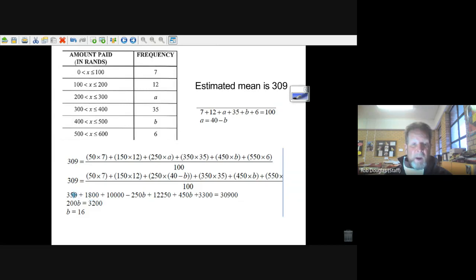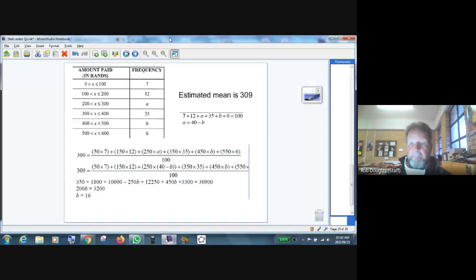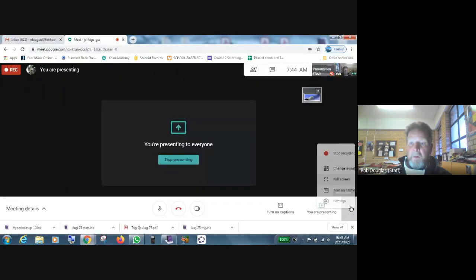And if we add all these numbers and subtract it from 100 times 309, you get 3,200. You divide by 200, and there we have it. We have B equals 16, and A is 40 minus 16, A is 24. So it's a system of equations that we had to solve. And hopefully that helps. I hope it helps. Okay.